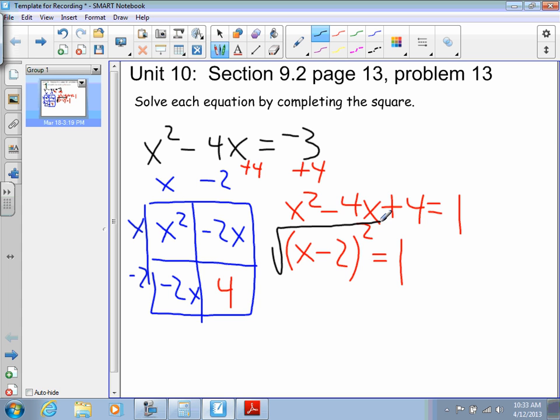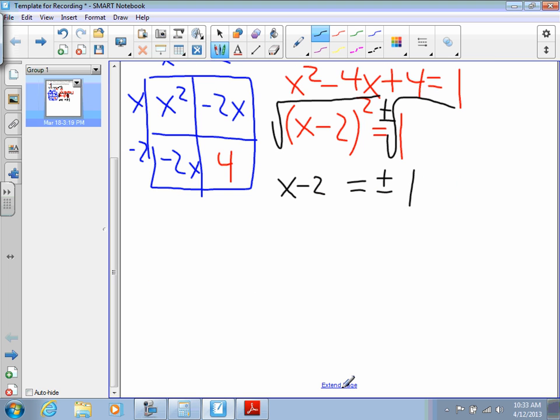Now I can take the square root of both sides. When I do, of course, I need to remember about that plus or minus. So the square root of x minus 2 squared is just x minus 2. And that now equals plus or minus 1. So let's move this down and break it into two equations.